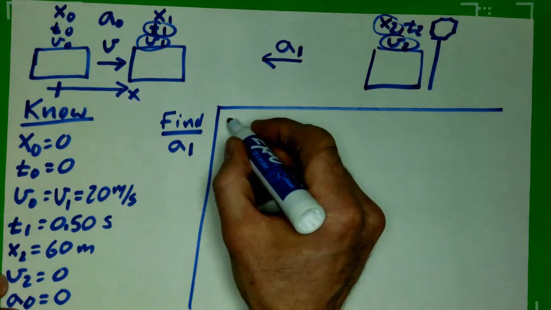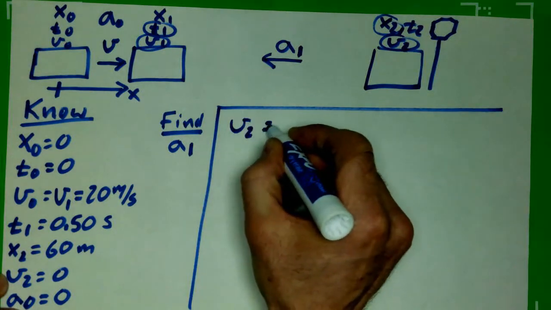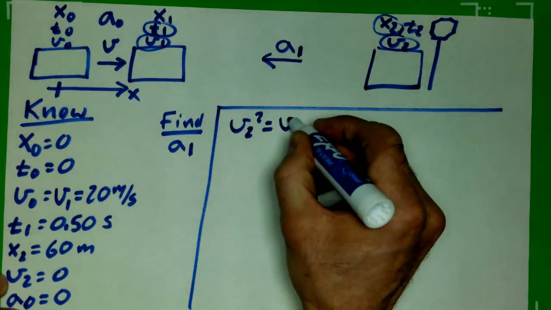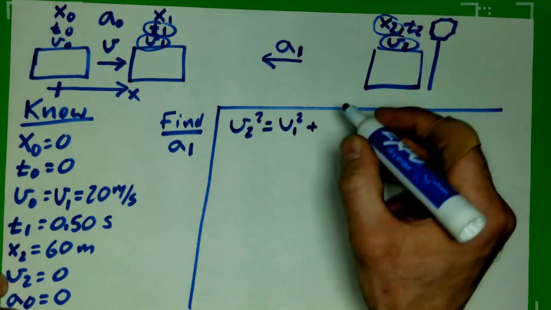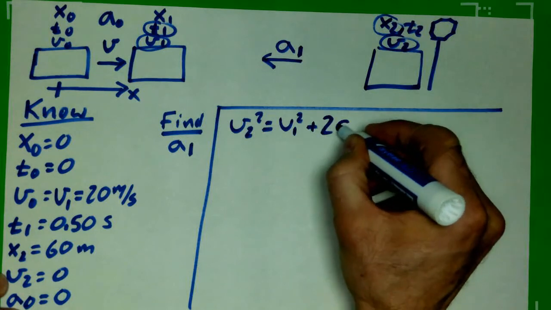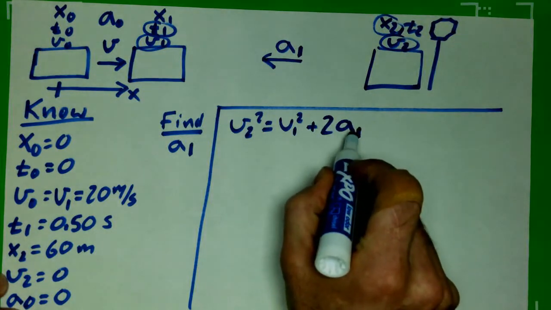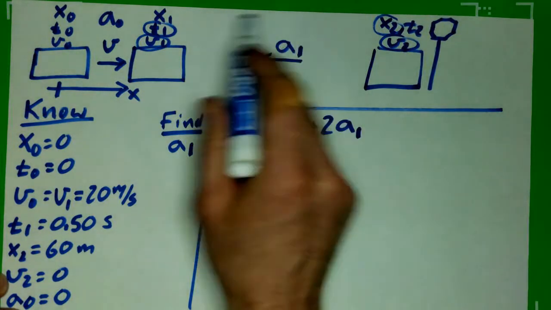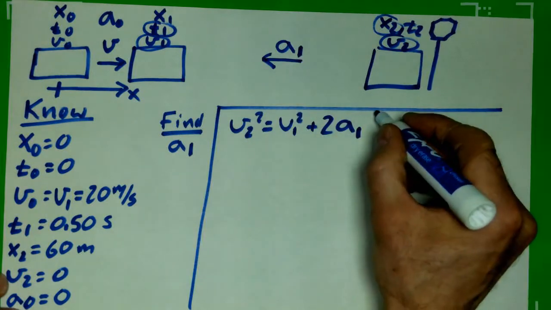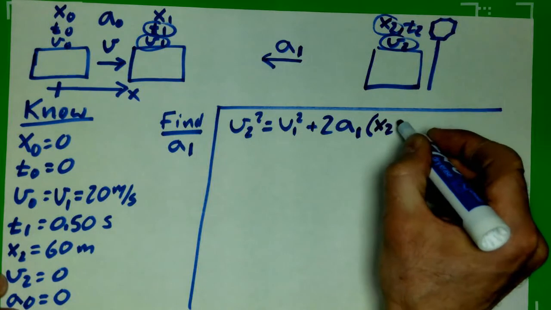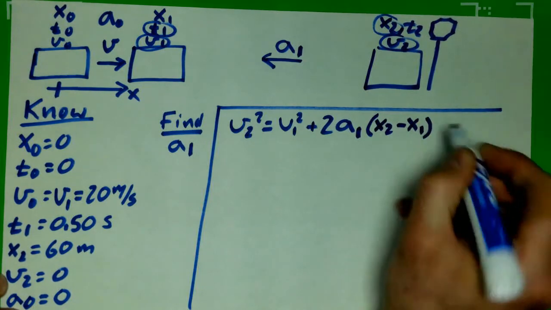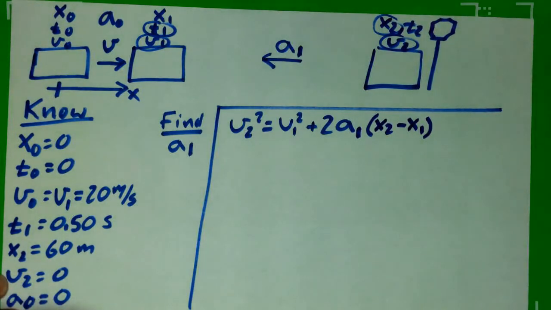So that one would be V2 squared equals V1 squared plus twice my acceleration, and here I'm putting in A1 because it's this acceleration, times my displacement, or my final position minus my initial position. Okay.